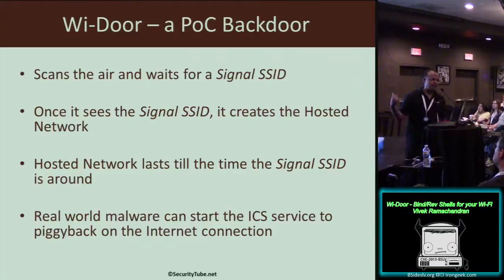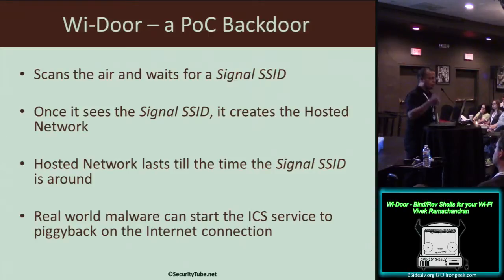When the piece of malware runs, it automatically scans the air at regular intervals, and it waits for what I call a signal SSID, for lack of a better word. This signal SSID is what an attacker will bring up. You could even use the hotspot facility in your phone to do that. It's just any access point.